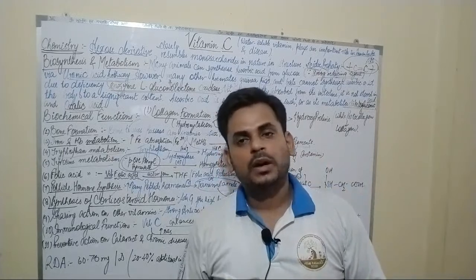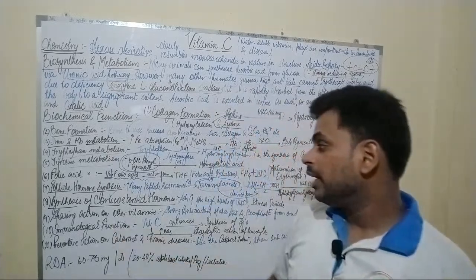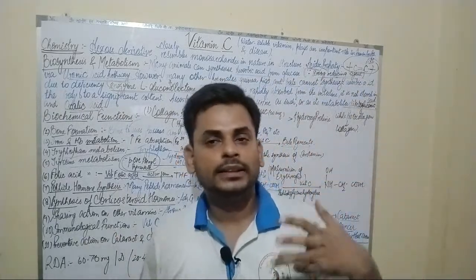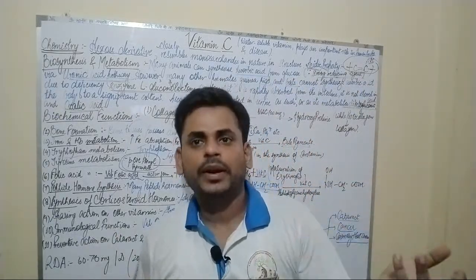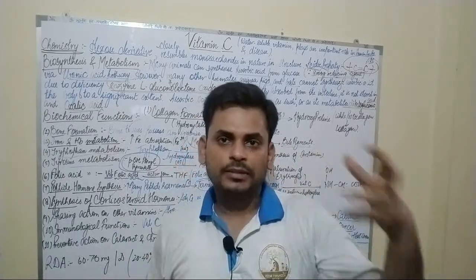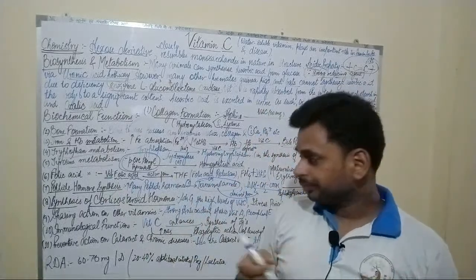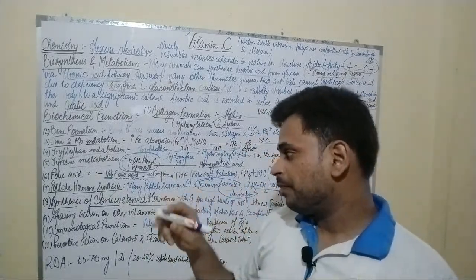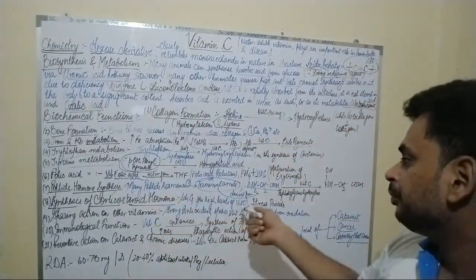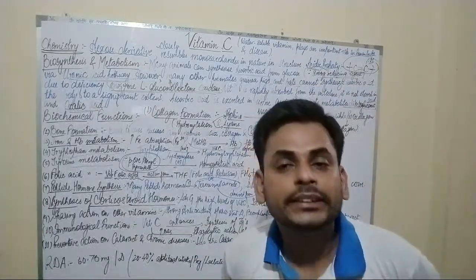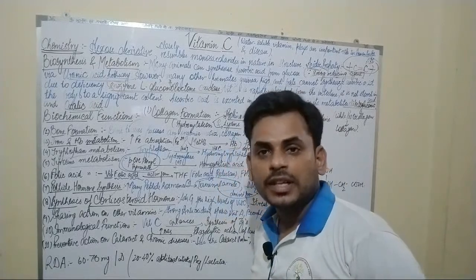This ascorbic acid is very important in the synthesis of certain corticosteroid hormones, the glucocorticoids, the mineralocorticoids, and the sex corticoids, which are released from the adrenal gland. So many corticosteroid hormones are synthesized. The adrenal gland contains high levels of ascorbic acid, particularly in periods of stress.